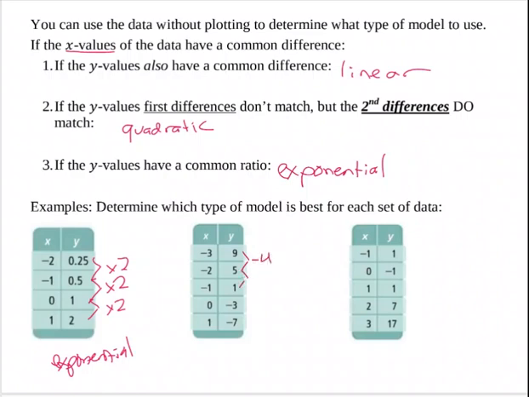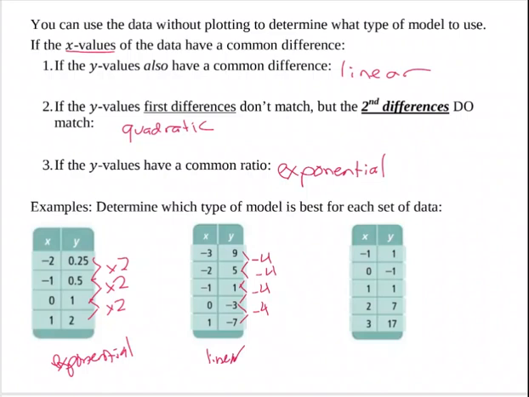Now, how about from 5 to 1? Adding -4. How about from 1 to -3? Adding -4. And then from -3 to -7? Also adding -4. So we were adding the same amount each time for x and adding the same amount each time for y. What is this? Linear. This is linear. So that's how that one works.